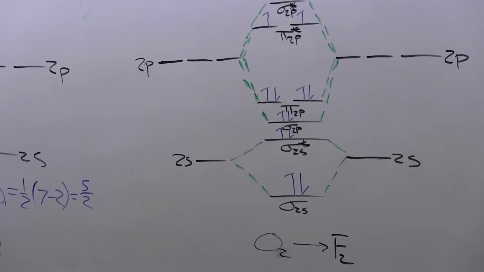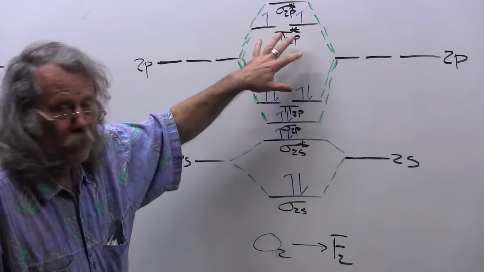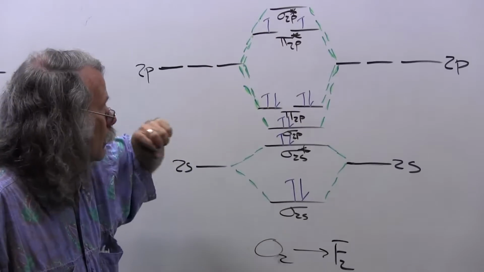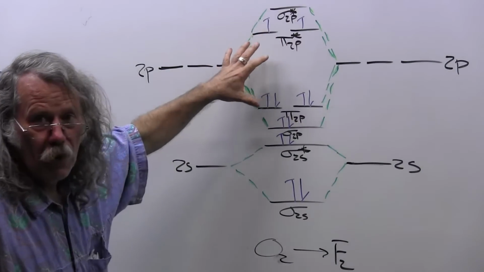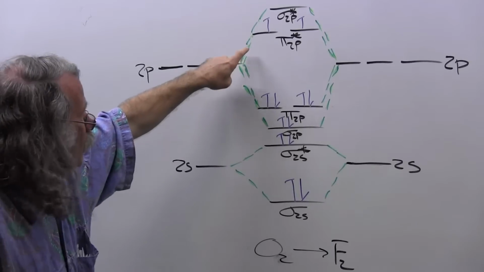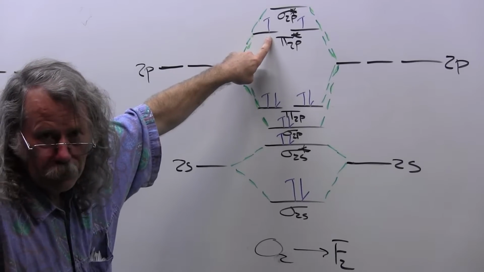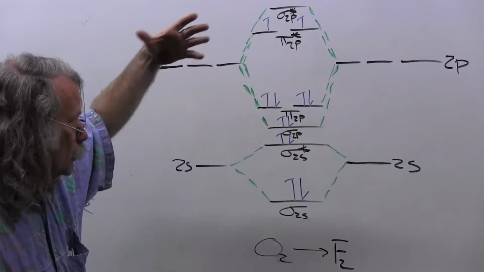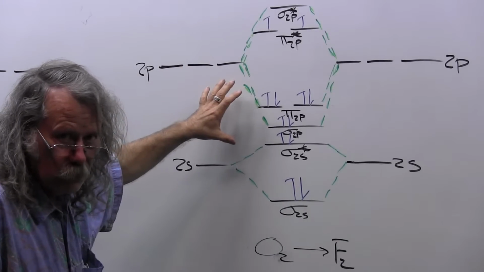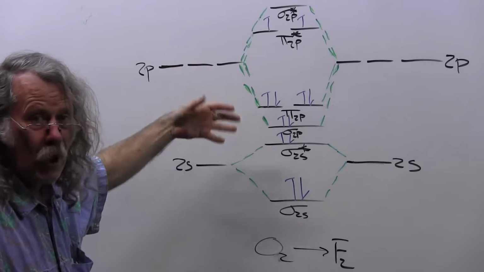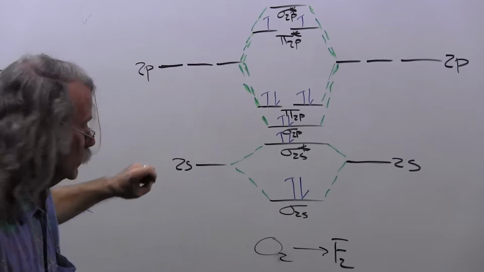So this reveals a lot of the features of oxygen. First of all, I've got a couple of unpaired electrons. It's a paramagnetic molecule. But the main feature is the highest occupied molecular orbital, in this case, is an antibonding orbital.